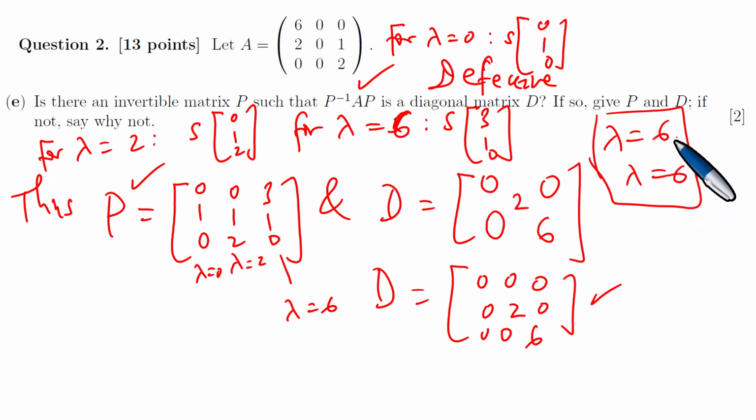If it's 3 by 3, it's going to be one vector short. For lambda equals 6, lambda equals 6, there are two 6s, so you need two vectors. If there are two, then automatically they become linearly independent and it's going to work. So let's look at the next question.